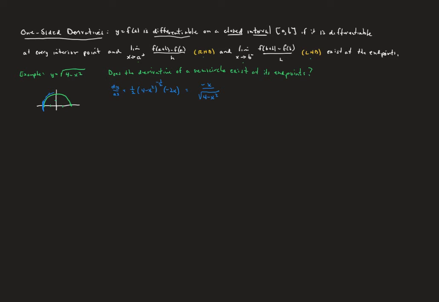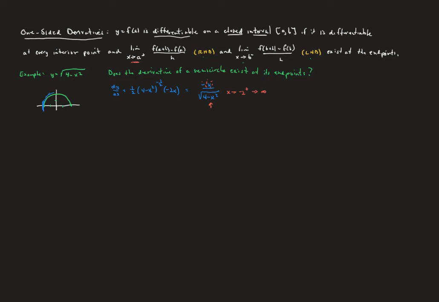So then when we look at this, as we let x approach negative 2 from the right, you can see as you plug in numbers that get closer and closer to negative 2, the numerator is not going to 0, but the denominator is. And so when that happens, it looks like that's going to be a negative negative, so it is going to go to positive infinity.